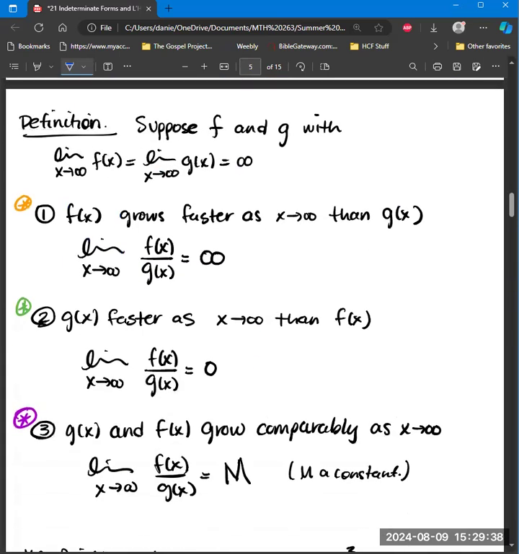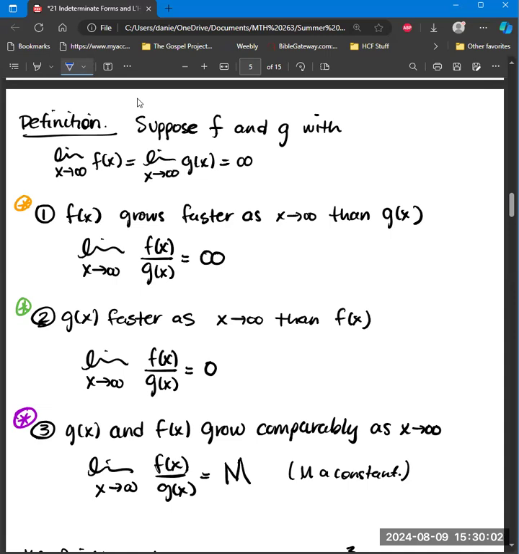So moving on to this definition, suppose f and g with the limit of f of x as x approaches infinity equals the limit of g of x as x approaches infinity equals infinity. They're both going to some kind of infinity. I just don't know which is growing faster.